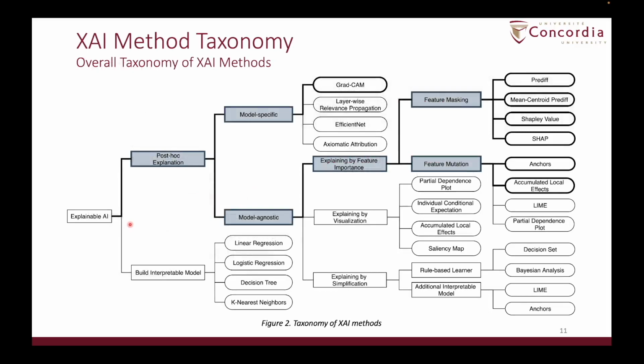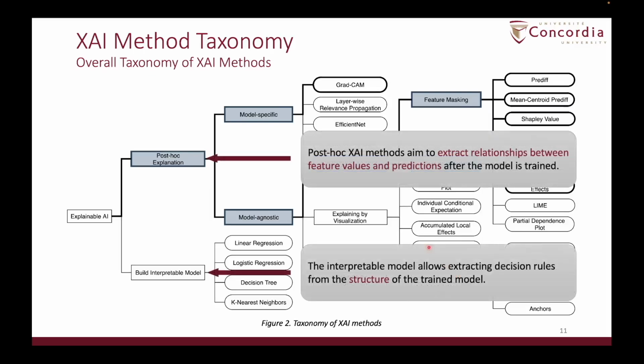We start from the root node. The XAI methods are split into two classes: the post hoc explanation and built interpretable model. The post hoc methods means we study the inside of the trained model. The built interpretable model means that the structure of the model can readily provide what has been learned.